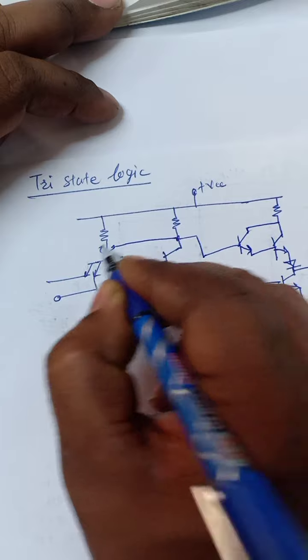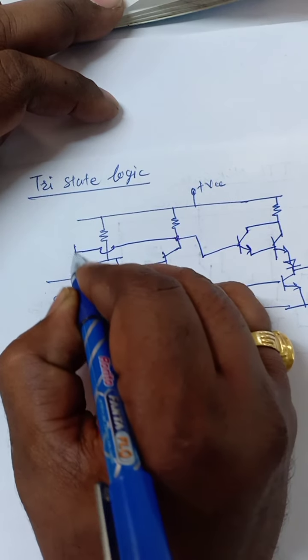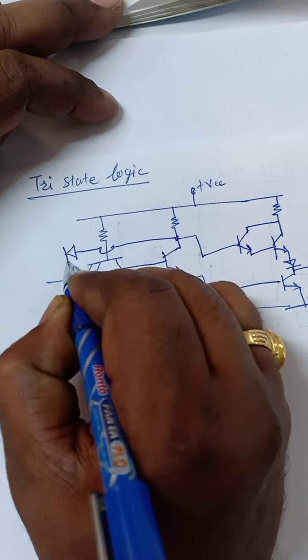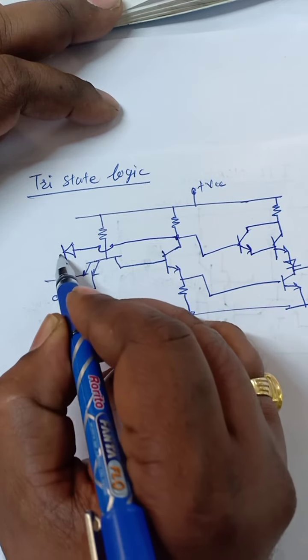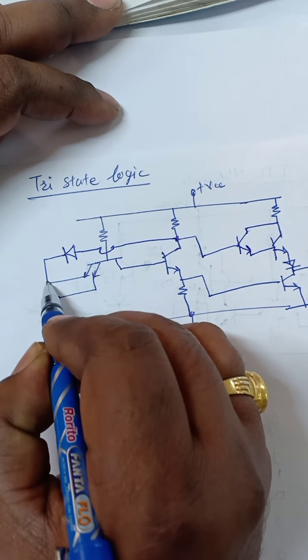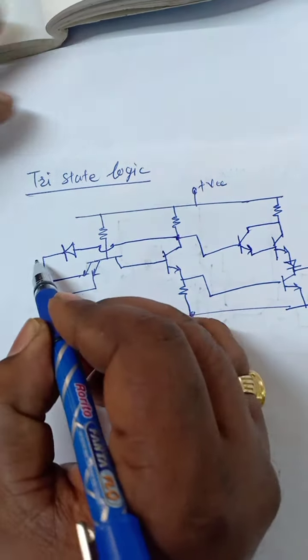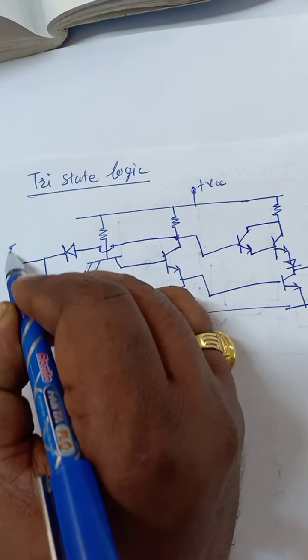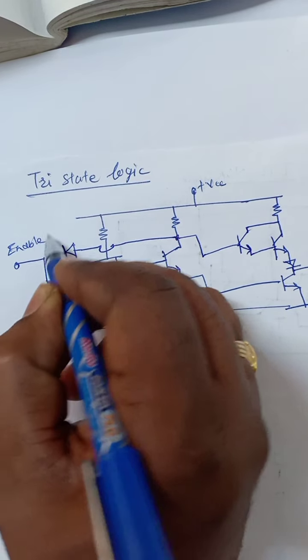There is a jumper, there is no connection, to the anode of this diode, and this is connected to this emitter terminal, and this is called the enable or control.